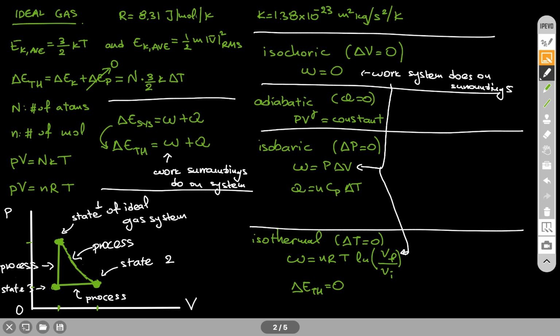Now, different things happen in these 3 different processes. I have mentioned before, I'm using an isothermal process to go from 1 to 2. Because the gas goes from state 2 to state 3 with a constant pressure, I'm using an isobaric process here.